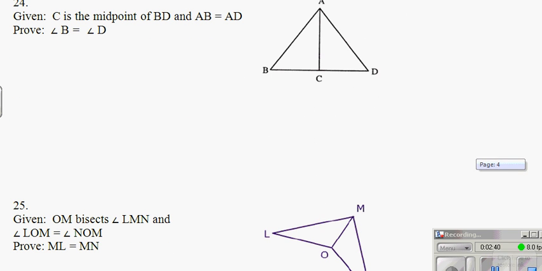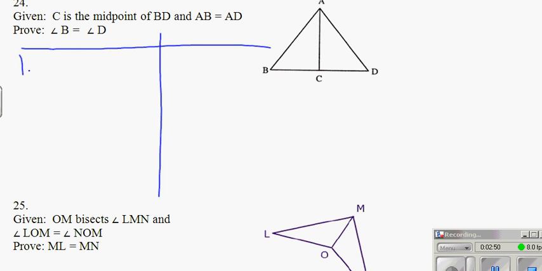Now number 24 is going to give us a similar set of given, and we have to work with it. Here we're given first that C is the midpoint, and we're given that AB is equal to AD. We're going to go over to our picture, AB and AD.